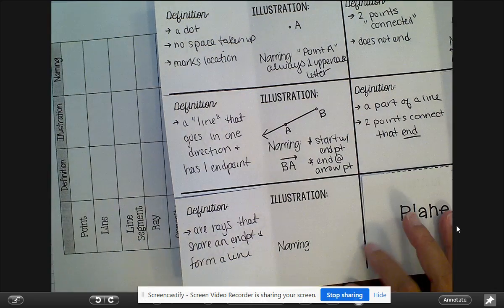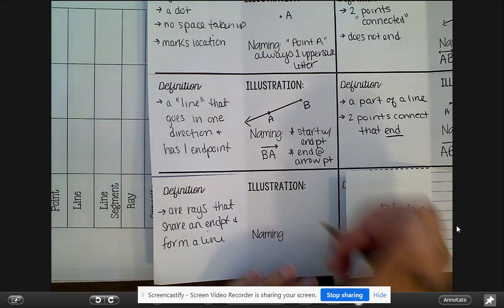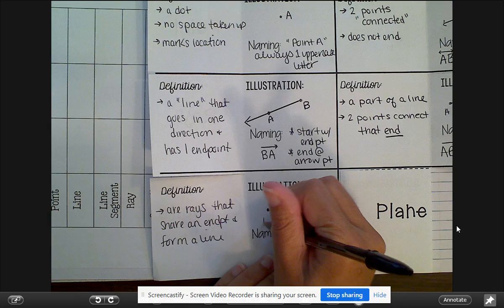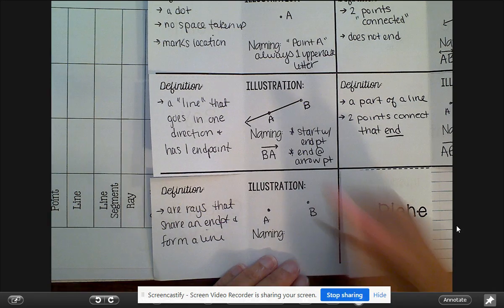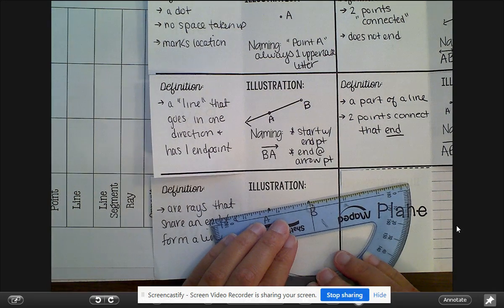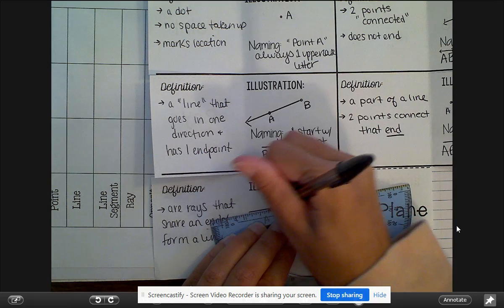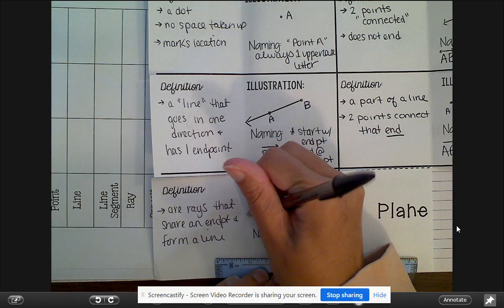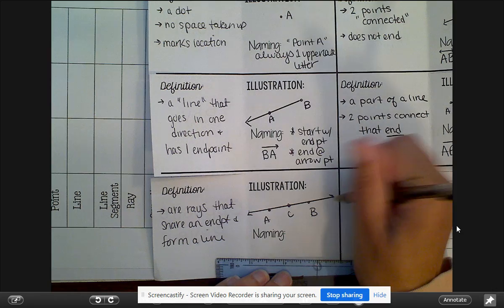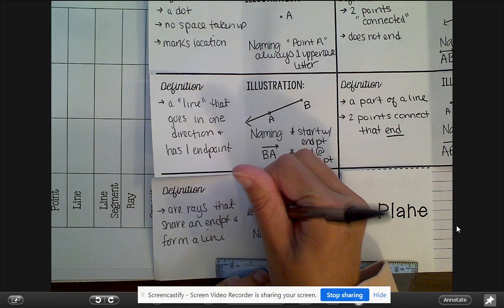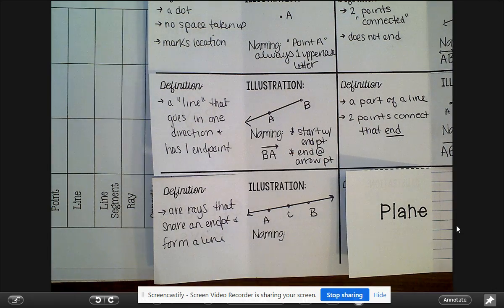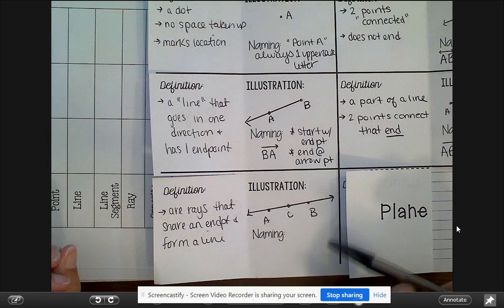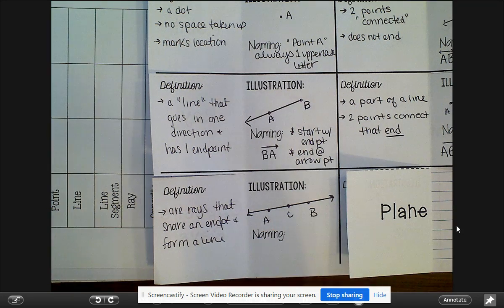So in this case, I kind of need 3 points. So I might still have my line AB, but then somewhere on line AB, I have another point. So maybe right here I have point C. To talk about the opposite rays that I have here, I have to start at an endpoint.